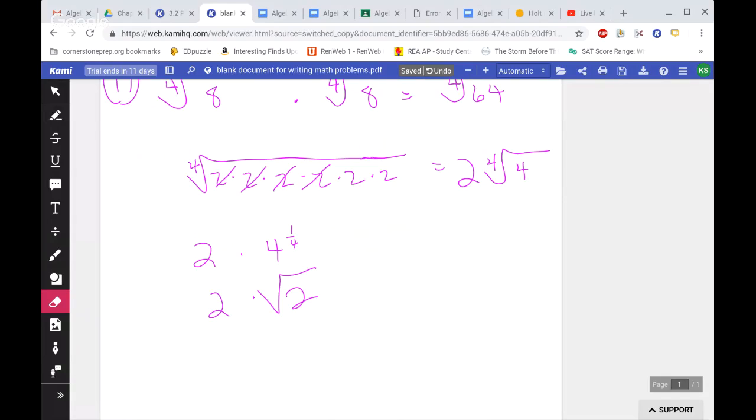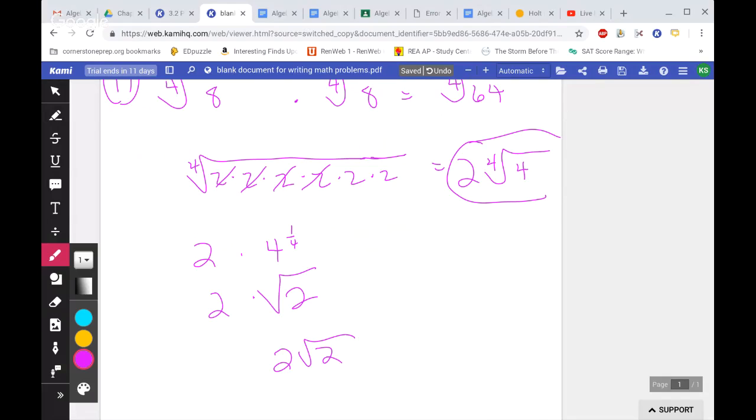Okay. If you got it to here, I wouldn't count it wrong, because that's a feat in and of itself. But this is actually it in its simplest form.